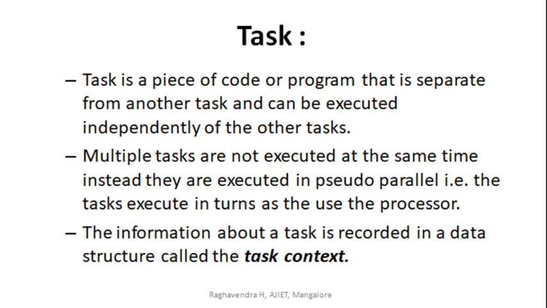The first person reads the first page, and after reading it, he hands over to the second person, who reads the second page. Now, how does he know that the second page is what he has to read? He gets the information from the task context. In the task context, he will find that the first task has completed reading the first page. That is the task execution.